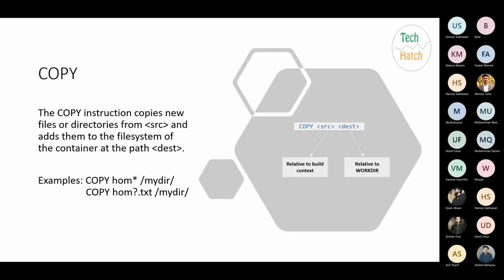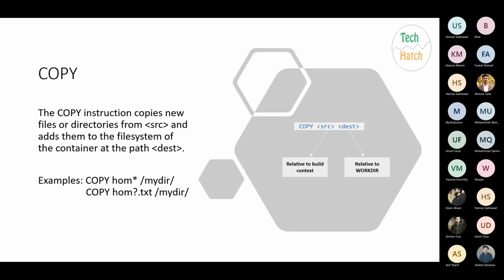So next I have our COPY instruction. It's also one of the most important and most commonly used instructions. This instruction is basically used to copy directories and files from your source directory to some destination directory.